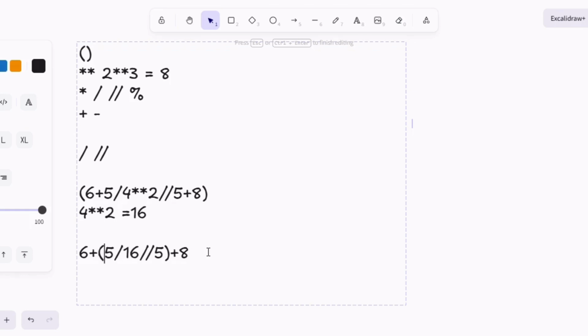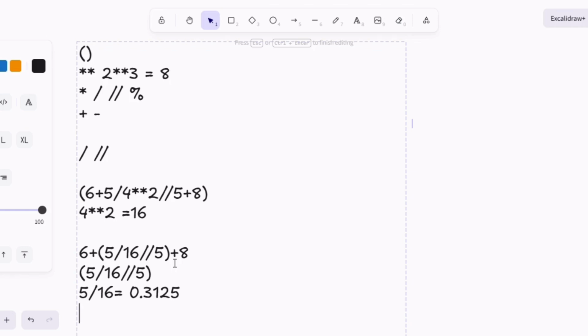If we have the same precedence, what do we do? We solve left to right, okay. So first we will solve 5 divided by 16. What will be the value? 0.3125, right? Next we'll do the floor division.